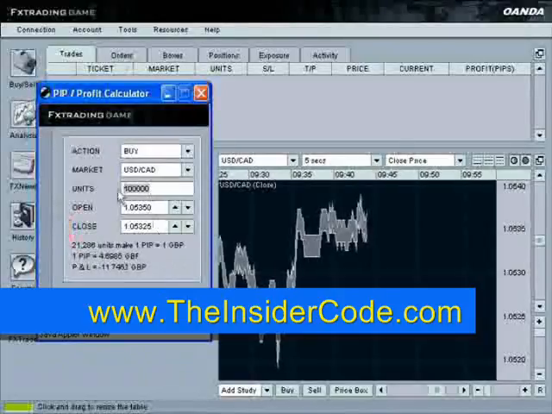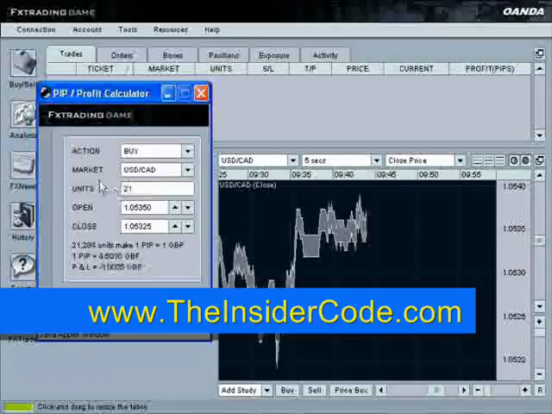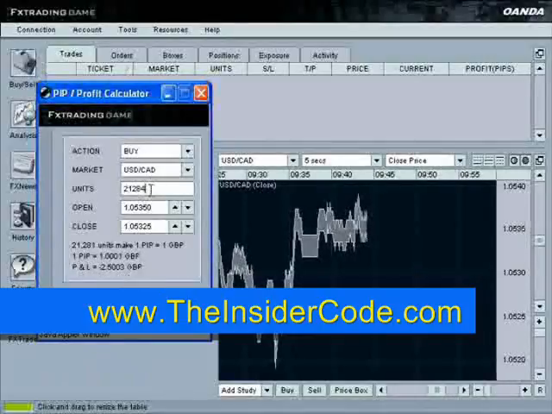So if I were to enter this in, 21,284, you would see 1 pip equals 1 pound. This is a very good way, and the reason why it doesn't equal the P&L is different is because of the conversion. You got to understand that depending on what you have your account denominated in.